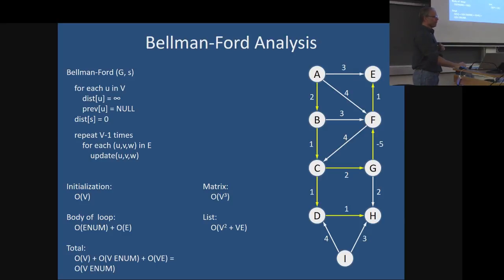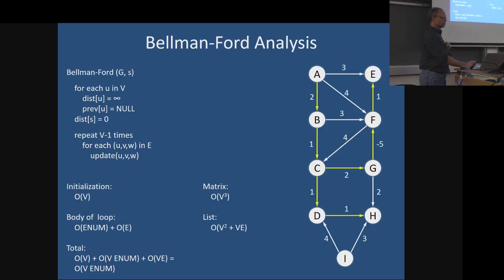So how would that change our analysis? We pay that cost once. We'd still be O of V, we would do this cost once, and this would be O of E times V. So we'd end up with O of the enumeration plus O of E times V. How would that play out for a matrix?